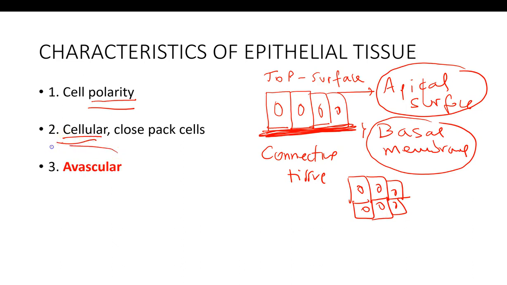This next characteristic is very, very important. Epithelial tissue is avascular, meaning no blood vessels. This is important because it provides some of the reasons why epithelial tissue is a protective tissue.